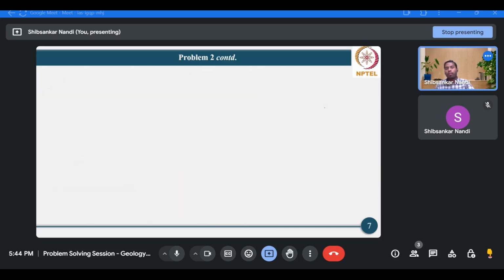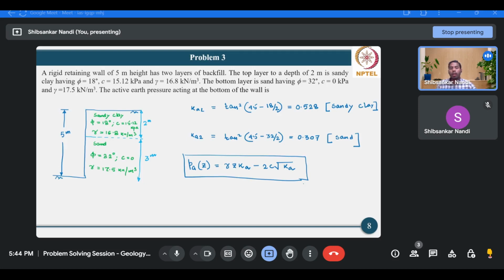Therefore, this will be the complete expression for the active earth pressure variation throughout the height of the wall. This second component will be there due to the cohesion: gamma z K_A minus 2c root.